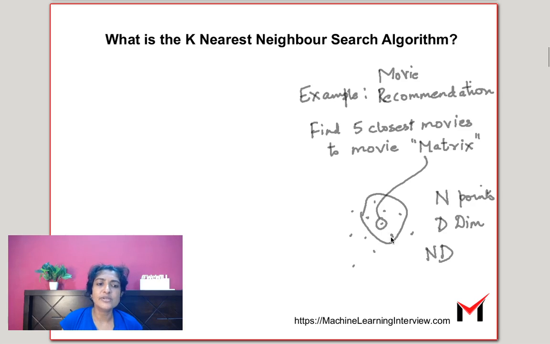Computing the distance itself will usually take order D if it's D-dimensional data, and then you have a total of N data points, and you want to do this K times in the most naive case. You might definitely do it more efficiently. This is very huge, and there are many algorithms to do this more efficiently.